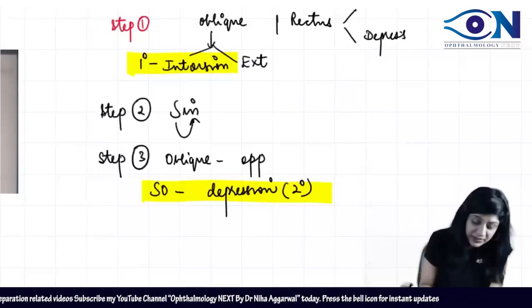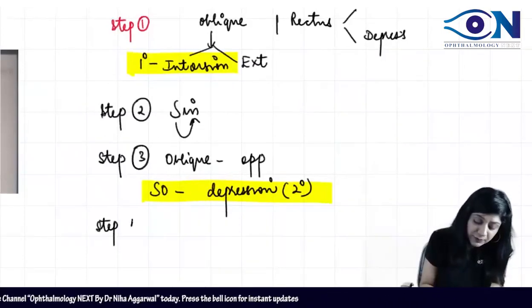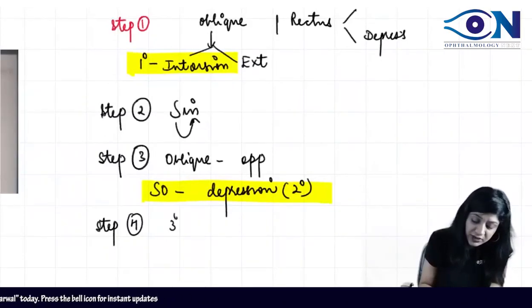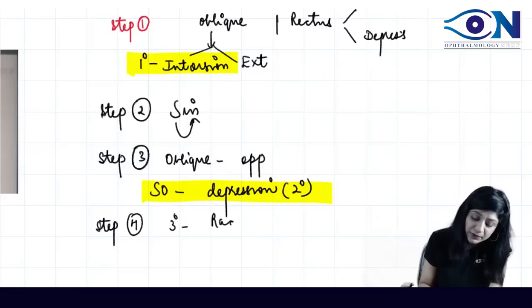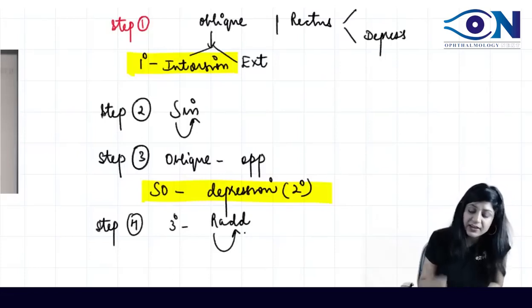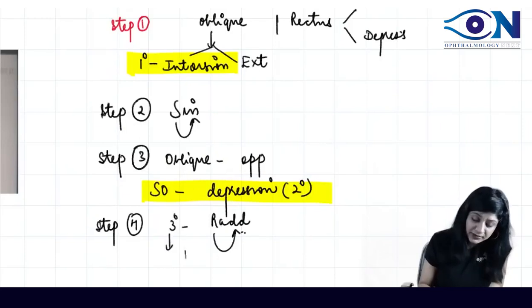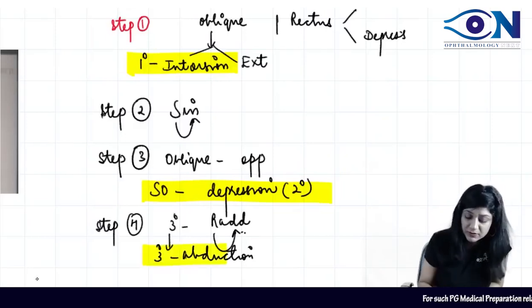Step number 4, the tertiary action: you have to remember the RAD. Recti are reductors. Because recti are reductors, and this is an oblique, it will cause abduction. So the tertiary action of this muscle will be abduction.